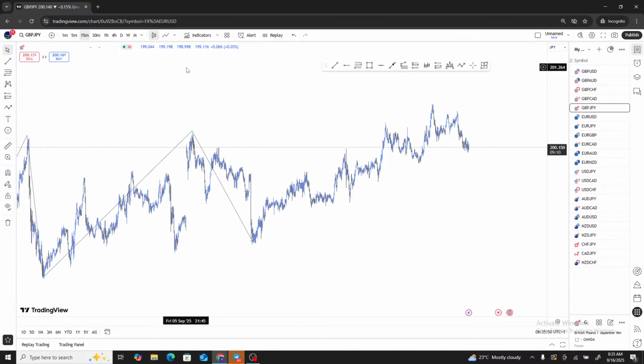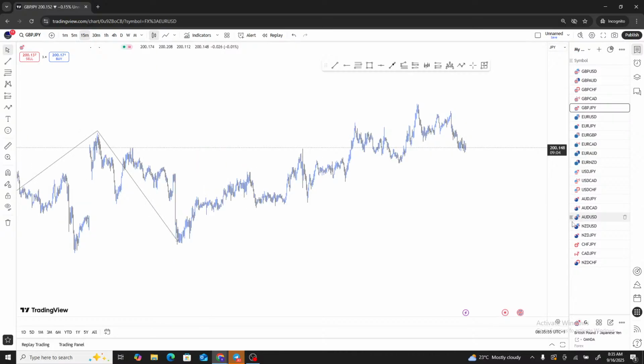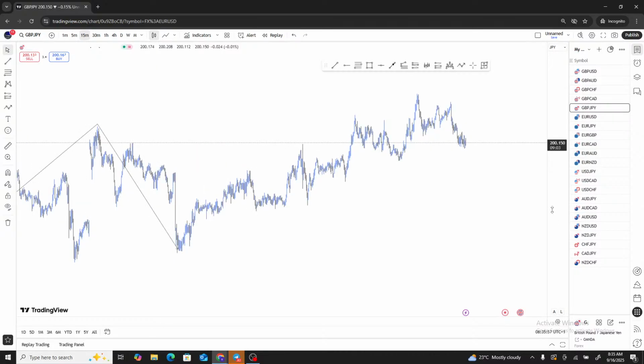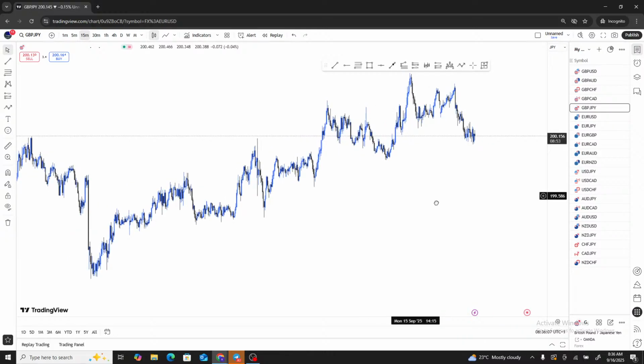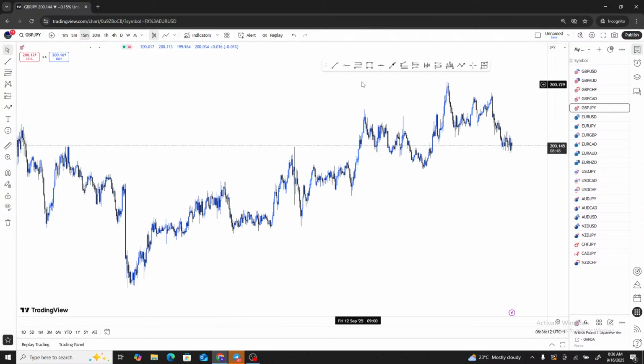So this is GBP JPY on a 15 minutes time frame. What do we look forward to? Since we know that the market is trending to the upside, we are going to mark out our order blocks. Price is going to the upside.